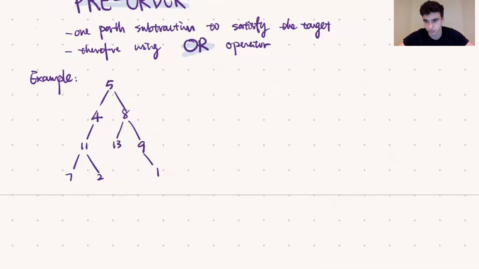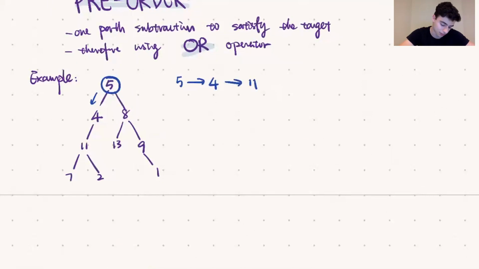So as I said, we're going to do a pre-order traversal of this tree, which means we're going to start at the root 5. And we're going to move first leftwards. So again, in this depth first search, we're going to move leftwards until we reach the child, or the leaf node, before we start moving rightwards. So from 5, we move to 4, and from 4, we move to 11.